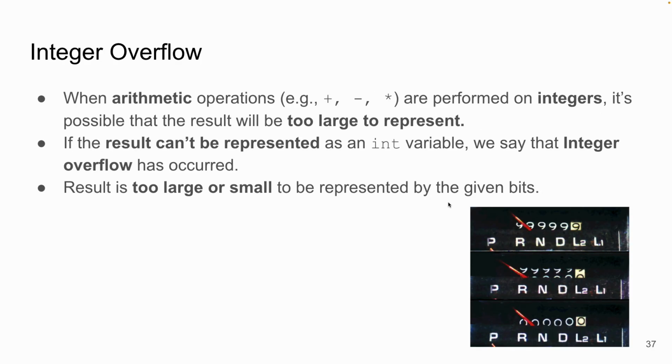Then the next topic I'm going to talk about is the concept of integer overflow. Integer overflow happens because now we know that different types of integers have a maximum value, right? So if we store a value that is larger than its maximum value in the integer, what will happen is called integer overflow.